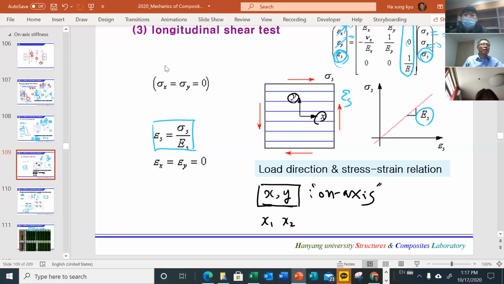The reason I'm mentioning this x1, x2 is that depending on the text, depending on the authors, they may use x1 and x2. So when you go through some theory, you need to make sure which notation indicates which axis. Okay? In our textbook, in our lecture, xy usually means the on axis.